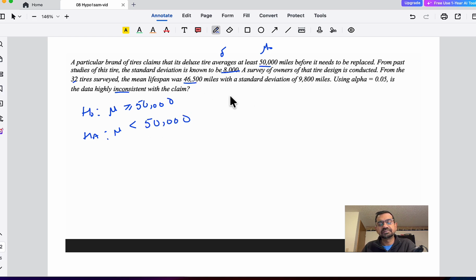The problem also gives us that the sample mean of the tires that we tested was 46,500 miles, the population standard deviation is 8,000, and our sample size is 32. We want to conduct this test at an alpha of 0.05. So let's see how we can conduct this test in JMP.